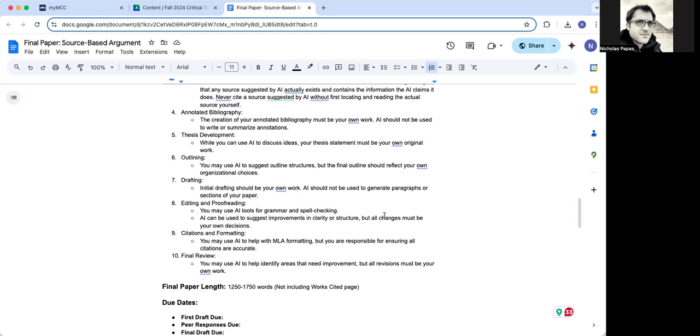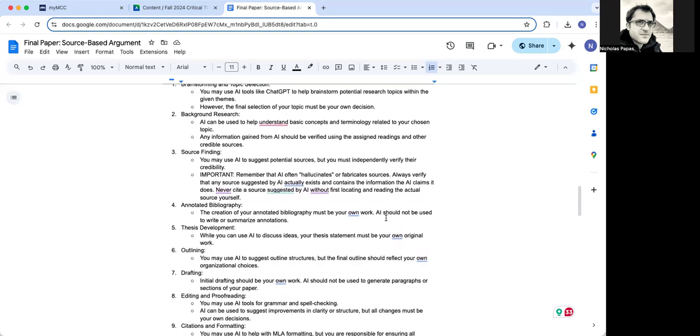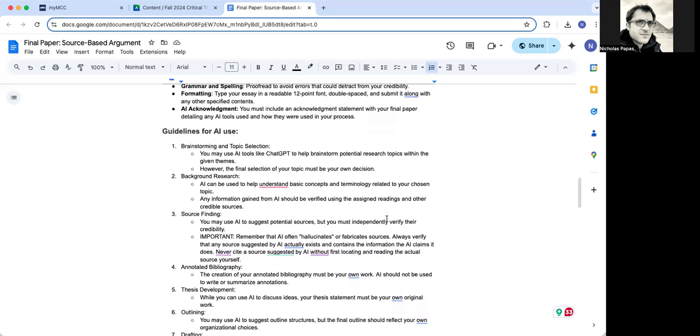Now, also, as I say here, I have this lengthy statement about guidelines for AI use. Basically, there's many ways that you can use artificial intelligence here to help improve your work, get ideas. If you are going to do that, I do require that you're taking notes on how you're using that, and that you provide an AI acknowledgement statement.